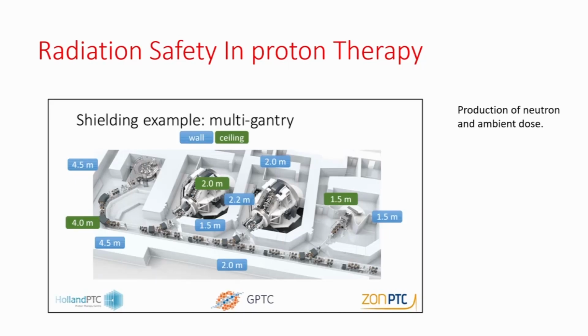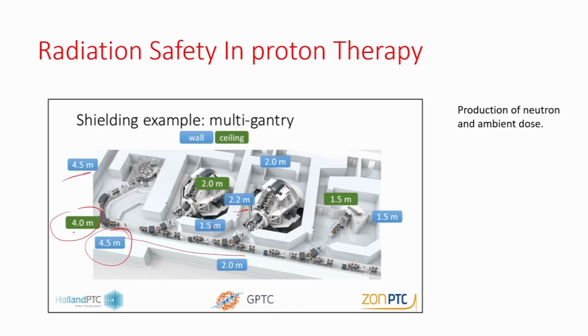Just look at the picture. This is a simple two-gantry proton therapy system, and you can see the shielding bunker of a proton therapy center. Here the wall widths are maximum 4.5 meter, 1.5 meter, 2.2 meter, 2 meter and 2 meter, and the maximum, near the transport system, is 4.5 meter.